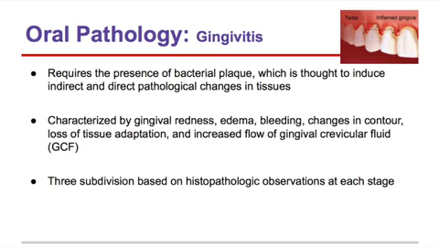It is characterized by gingival redness, edema, bleeding, changes in contour, for example, rolled or enlarged margins, loss of tissue adaptation, and increased flow of gingival crevicular fluid. Histopathologic changes noted in gingivitis have led to 3 subdivisions based on these observations.